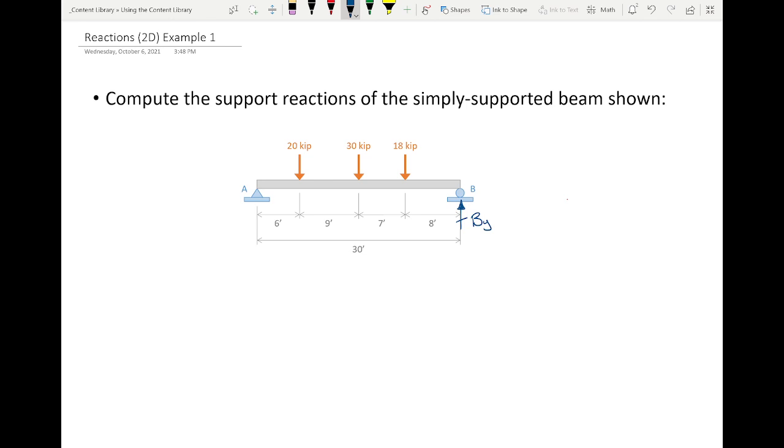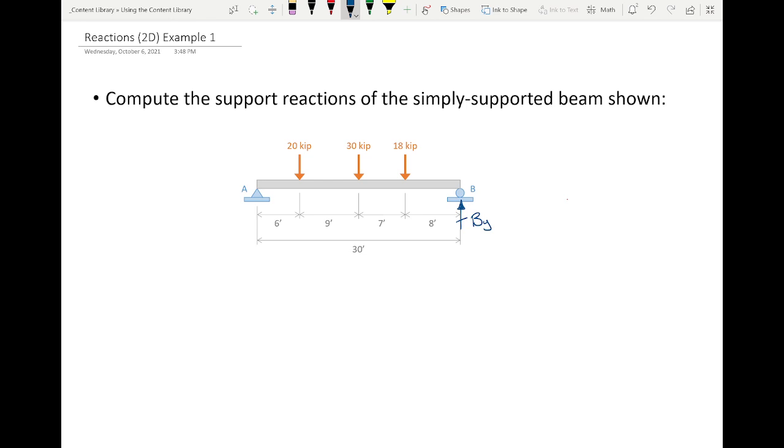What that means, well, what it doesn't mean is that I need to develop significant emotional distress about the problem. All it means is that I assumed that BY is upward and I get a negative answer. It just means that BY is acting downward. Right? If you have a force and a line of action and the magnitude is negative, it's just the other way on that line of action.